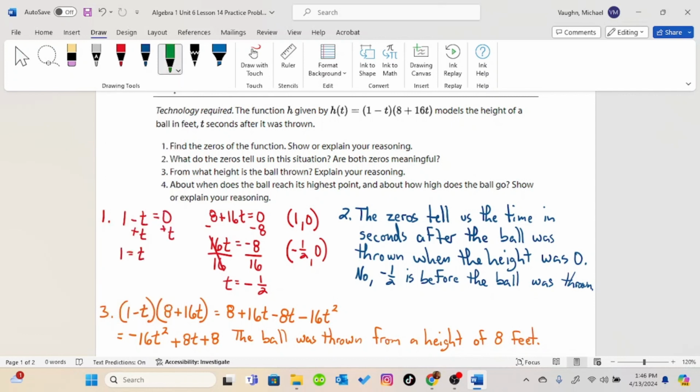Now, when we look at number 4, the ball is going to reach its highest point at the vertex. The vertex is halfway between the x-intercepts. So halfway between -1/2 and +1 is +1/4.